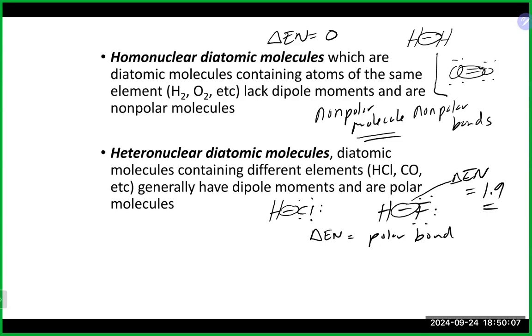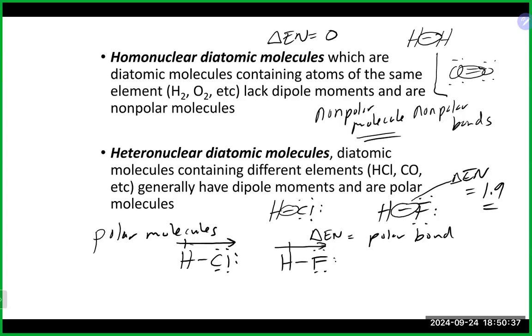Now, because these bonds are polar, and because that is, again, the only bond in the entire molecule, that would make each of these molecules polar molecules. And because they are polar molecules, they will possess a dipole moment that will head towards the more negative side of the atom, which in this case would be the chlorine or the fluorine in the case of the fluorine. And that would be its dipole moment heading in that direction.